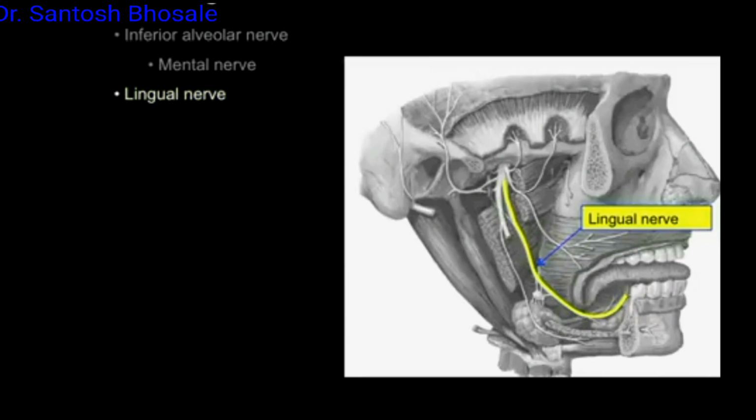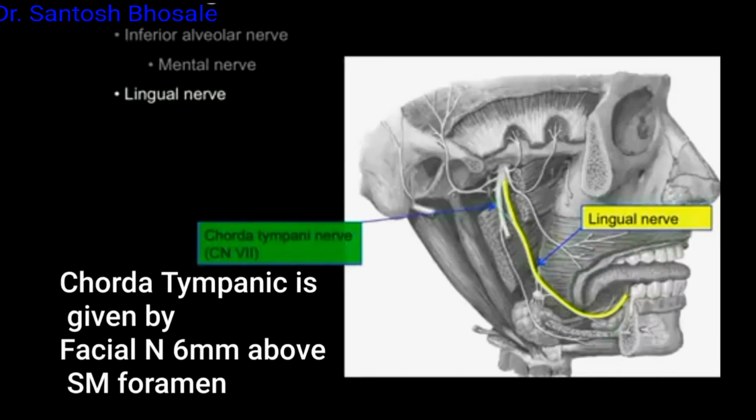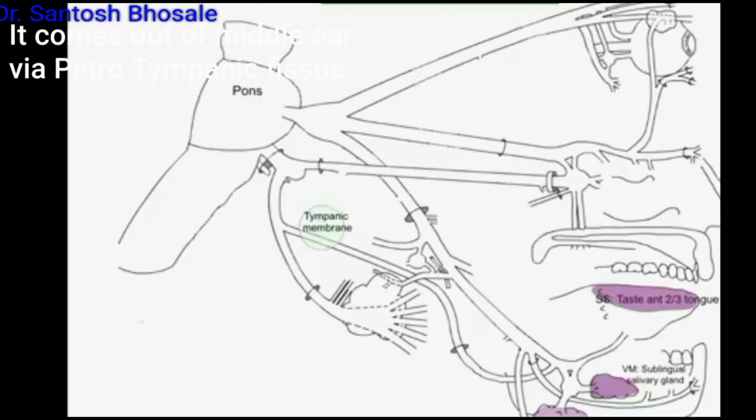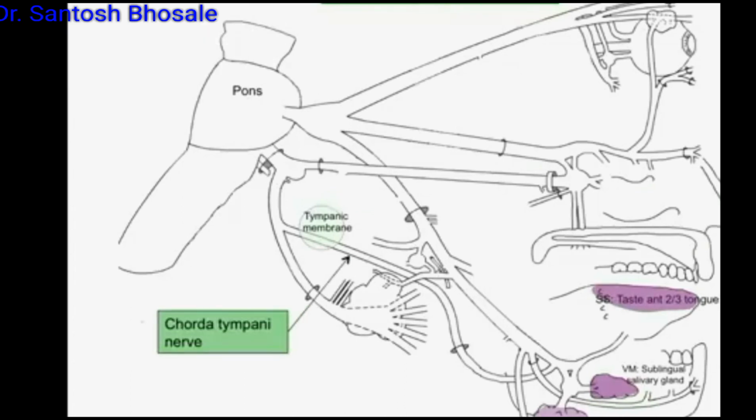The lingual nerve carries general sensation from the anterior two-thirds of the tongue and floor of the mouth. It is joined by the chorda tympani nerve there. The chorda tympani comes out of the middle ear via the petrotympanic fissure. You can see it there. It is a branch of the facial nerve given off in the middle ear, 6 mm above the stylomastoid foramen.